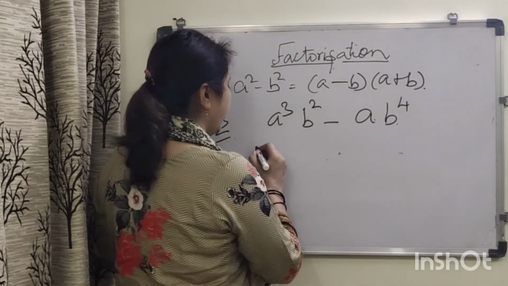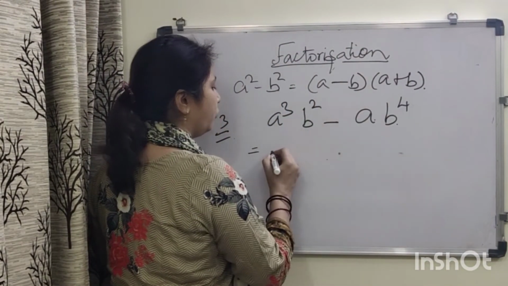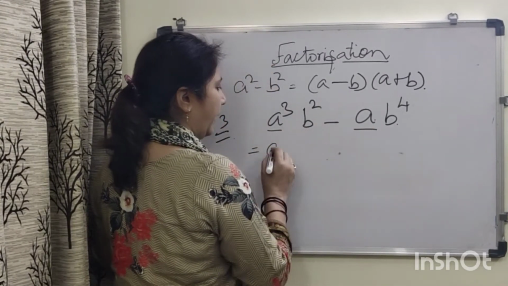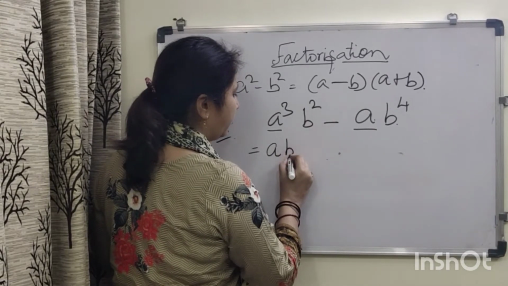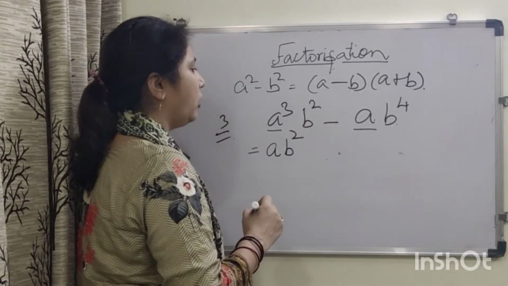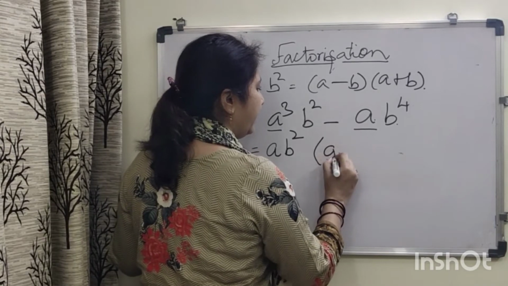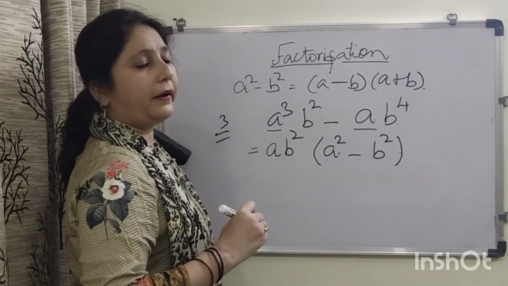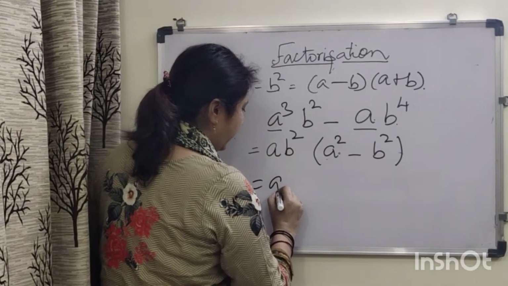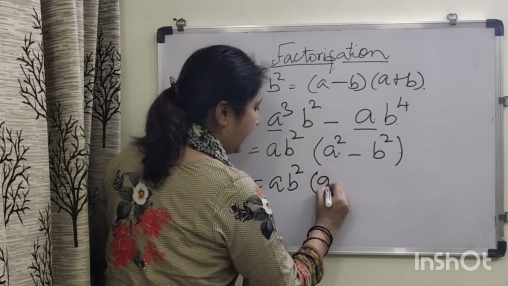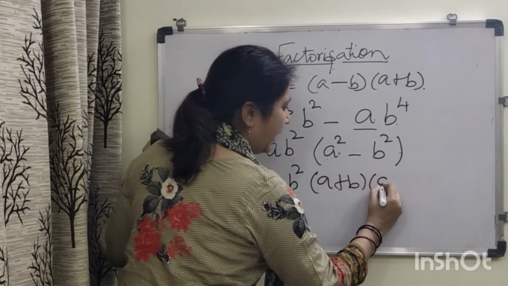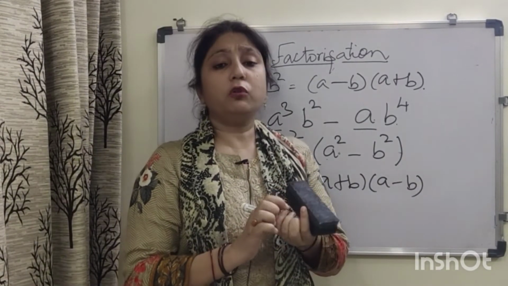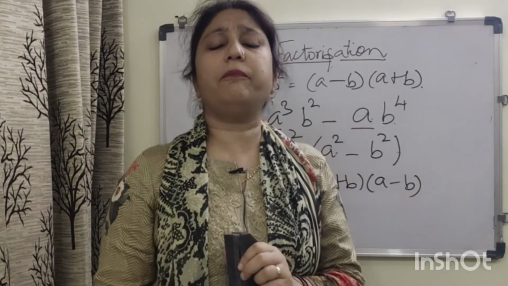Children, as both the variables are present in both the terms, first we will take common. The least power of a is a and of b is b square. So we take ab square in common. We are left with a square minus b square in the bracket. Now it is ab square common and a plus b into a minus b using the identity. So this is how this step will work.